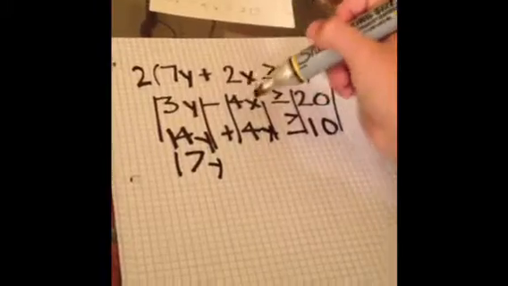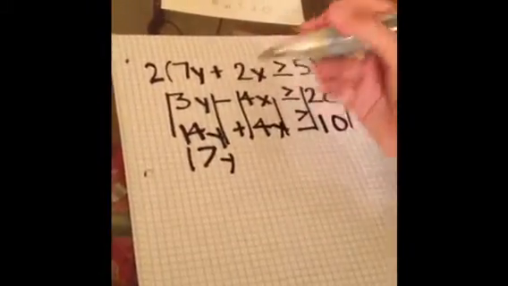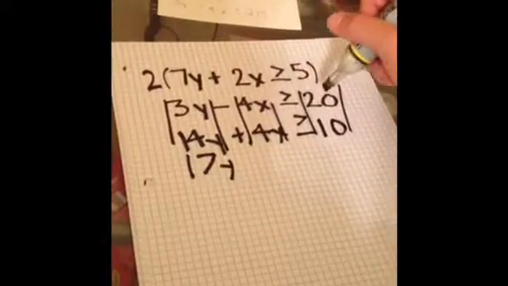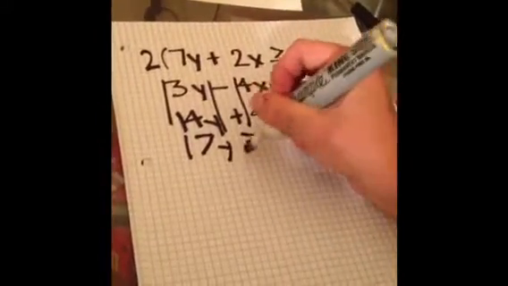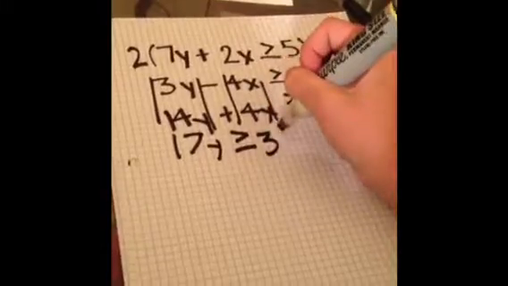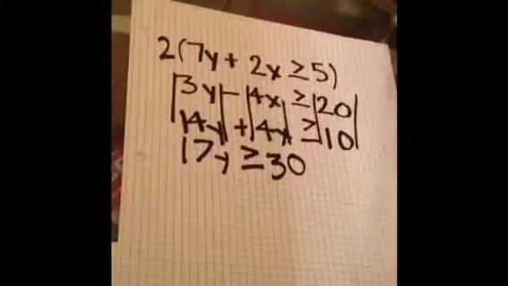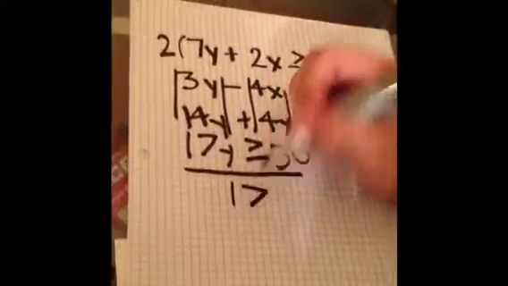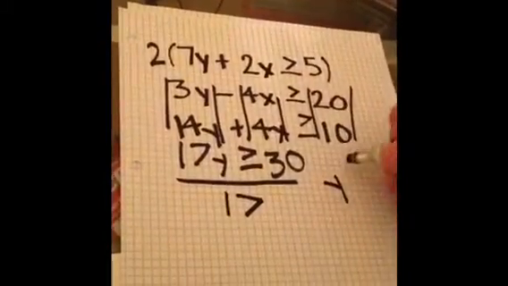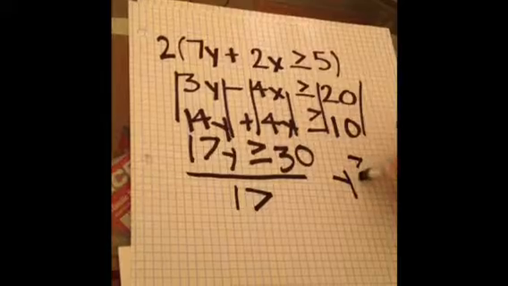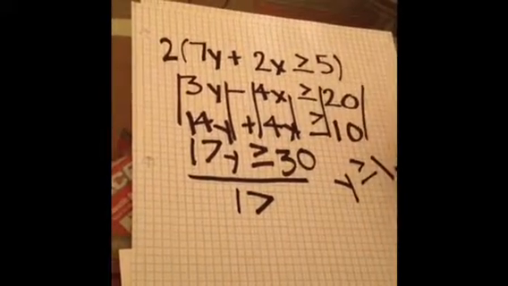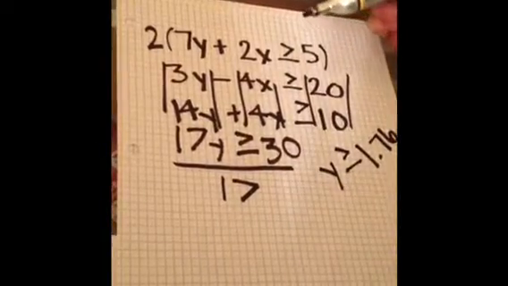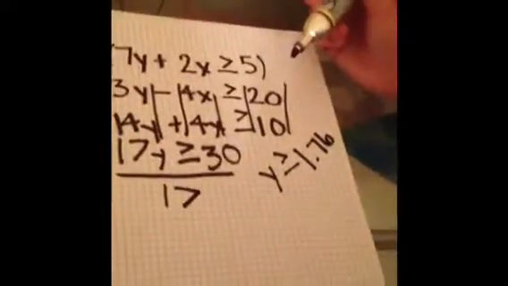And negative 4x plus 4x is no x. And 20 plus 10 equals 30. Now you're going to divide this by 17 to get y is greater than or equal to 1.76.